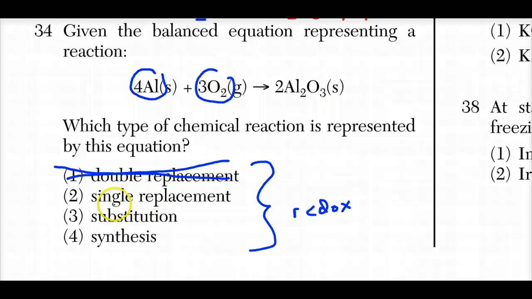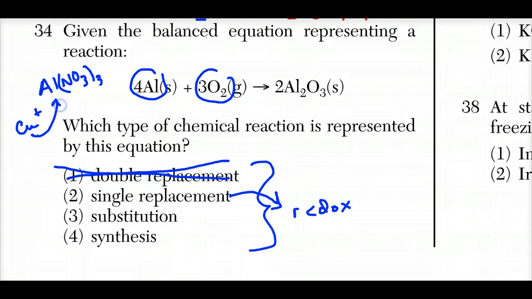Single replacement is a classic redox reaction, but we can't single replace here because there's nothing to single replace. You would have to have, let's say, aluminum nitrate with another compound, and then they can switch spots and single replace with the nitrate. Here, these things are coming together and you're making something. So this is called a synthesis reaction. We can also call this a formation reaction.